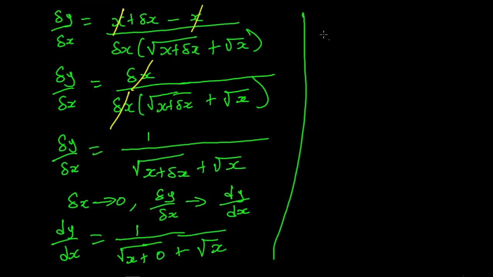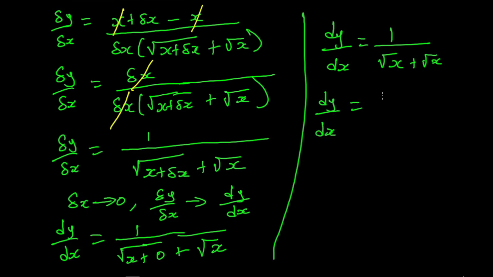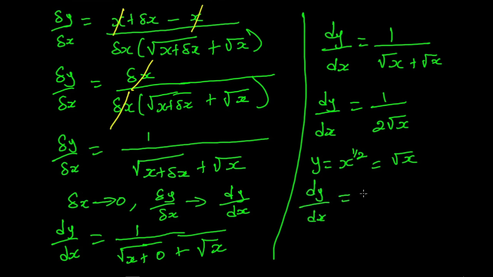Therefore, dy over dx is going to be 1 over the square root of x plus the square root of x. Therefore, dy over dx is going to give us 1 over 2 root x. That means if we are given y to be x raised to power 1 over 2, which is the same as the square root of x, then the derivative of that function is going to be 1 over 2 square root of x.